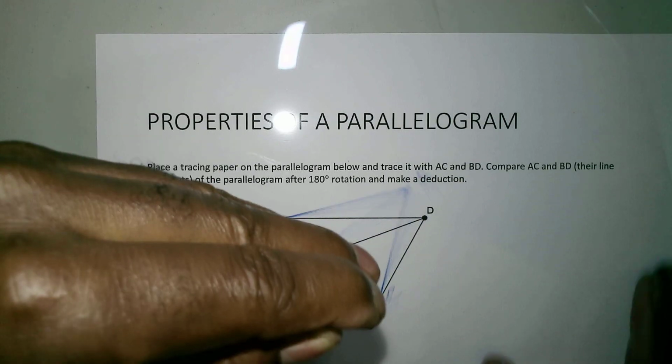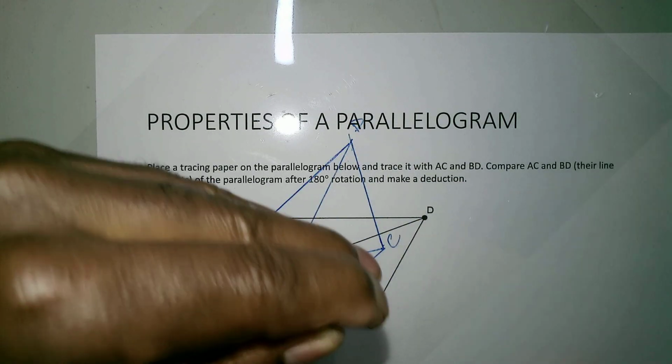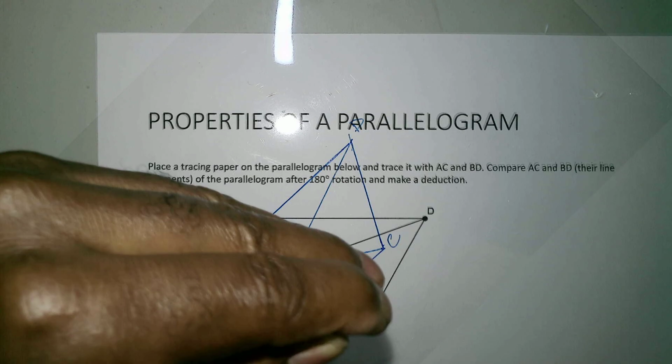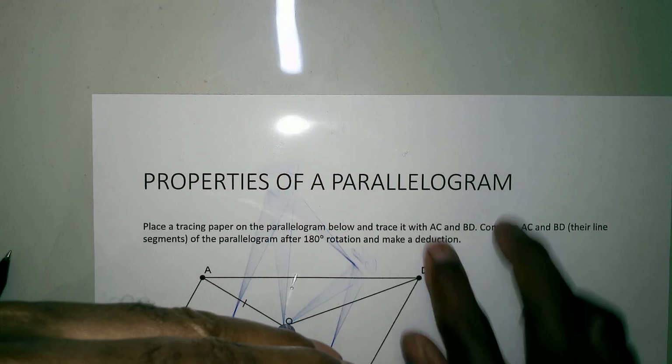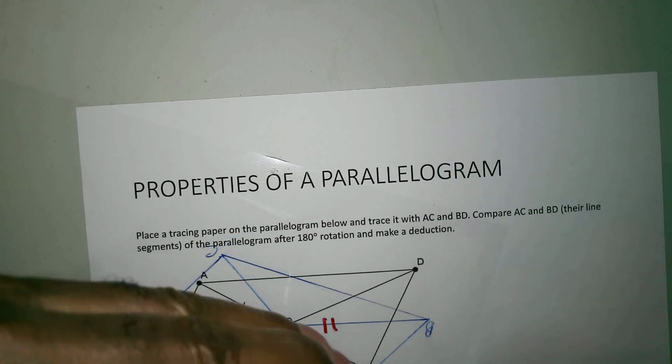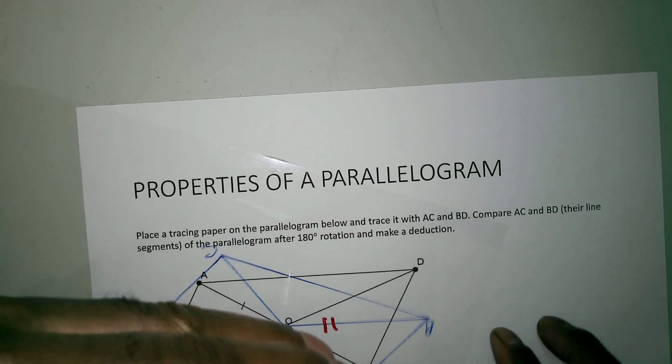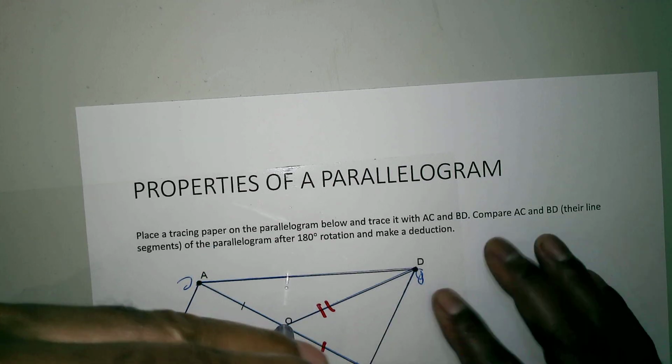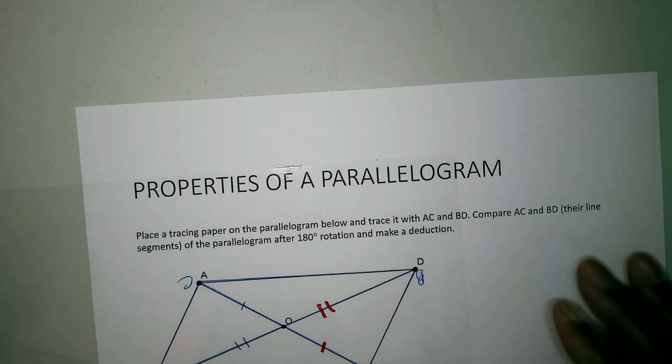Now we have got OC. AO on paper is equal to OC. AO on the transparency is equal to OC. You can see the marking. Now BO on paper is equal to OD, and OD on paper is equal to BO.